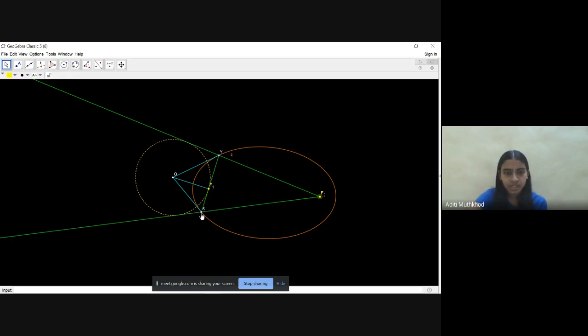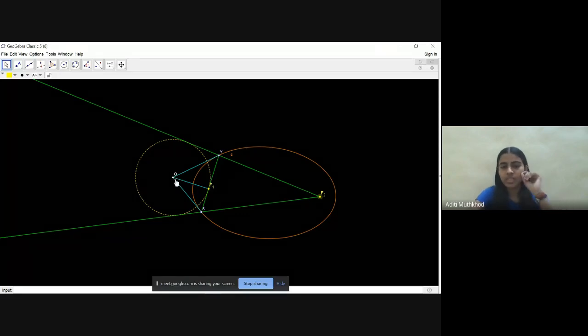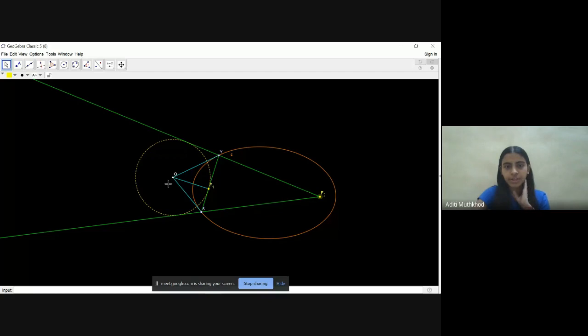What we do here is we draw the tangents at X and Y, and the place where they meet, we draw a circle centered at this point, touching these two lines, and it turns out to be the excircle of this triangle.